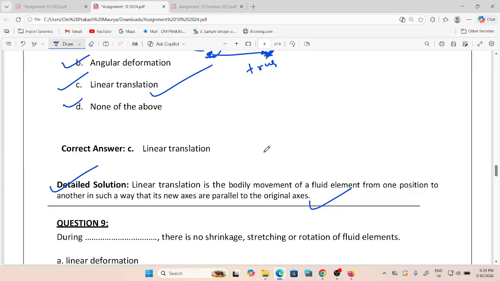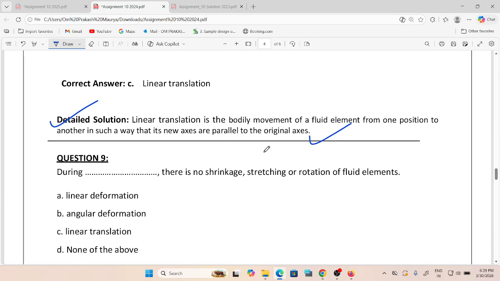Okay. So question number 9. During whether linear, angular, linear translation, none of the above, there is no shrinkage, stretching, or rotation of the fluid element. During the linear deformation, definitely when you deform, your particle may shrink or stretch. With angular deformation there may be rotation.